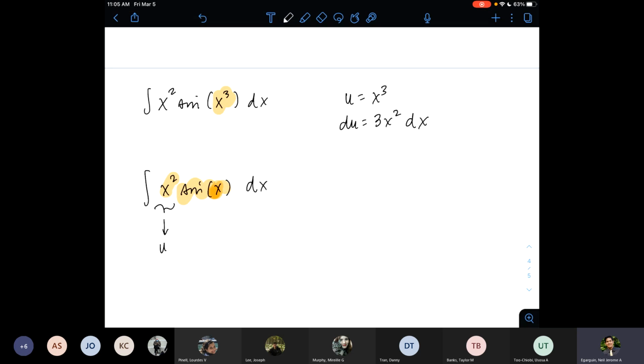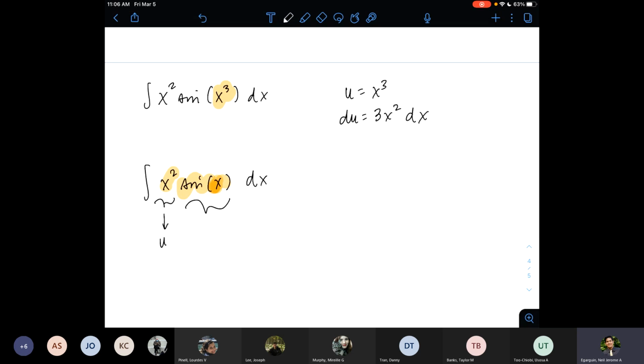So that means x squared will eventually be differentiated to 0 after a couple of steps, right? So that's a good choice for u. And sine x dx is a good choice for dv because you can easily integrate sine of x, because it's an elementary form. So that means here integration by parts will work.